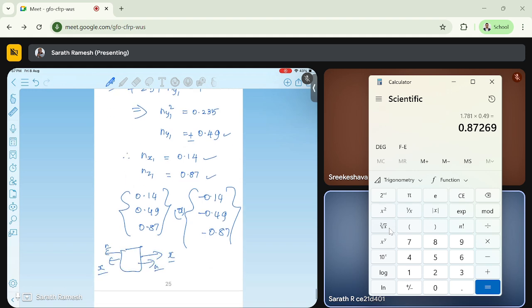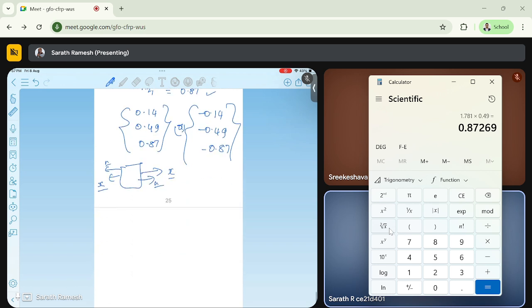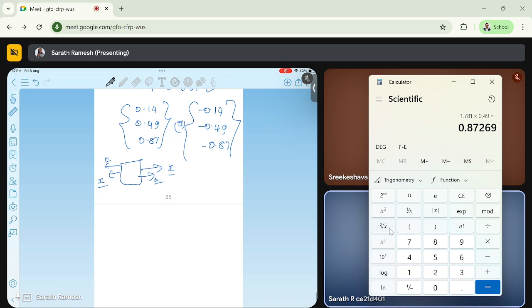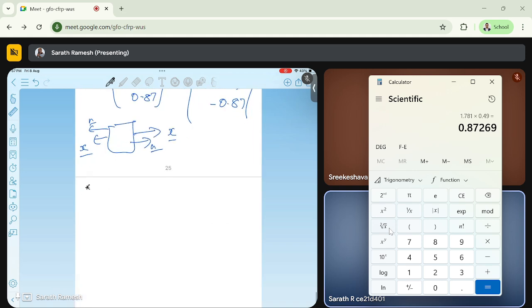Similarly, we can move forward in finding the maximum shear stress also. We have a formula for finding the maximum shear stress, tau max. Tau max is equal to sigma 1 minus sigma 3 by 2. Actually, we have to check sigma 1 minus sigma 2 by 2, sigma 1 minus sigma 3 by 2, and sigma 2 minus sigma 3 by 2. Out of the three, whichever is the maximum gives us the overall maximum.